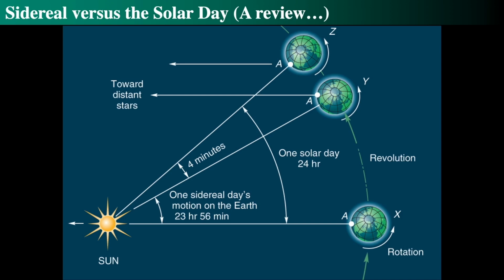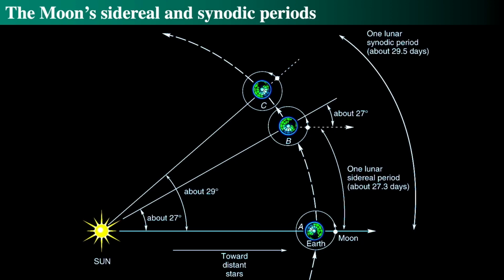Similarly, we can derive sidereal and synodic periods for the moon going around the Earth. The first one, which we'll call the sidereal month, is approximately 27.317 days. The sidereal period is the time it takes for one revolution of the moon around the Earth with respect to the distant stars.